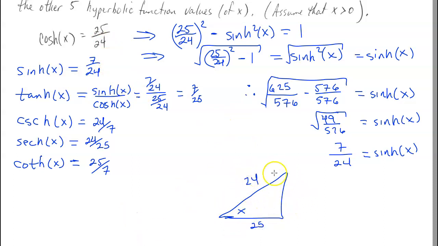And here, the idea is that we know cosh squared minus sinh squared is going to be 1. This right triangle, if we kind of violate the rules a bit and use it with the unit hyperbola, will go along with this.